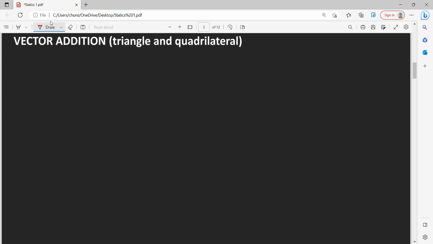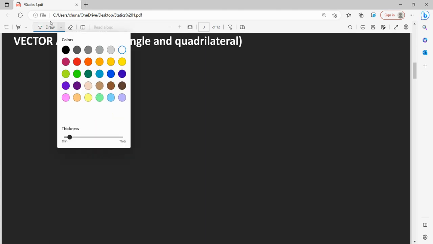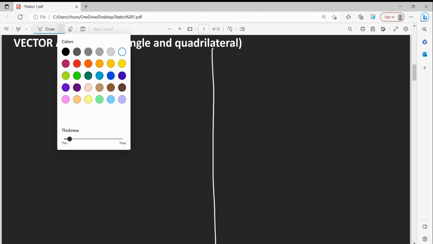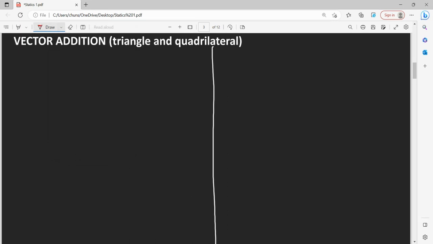So there's two different methods to use when we're talking about vector addition. So I'm going to start us off with the triangular method. So if we had two vectors which originate out of the same point, what we're going to need to do for our triangle, first step is arrange tip to tail.